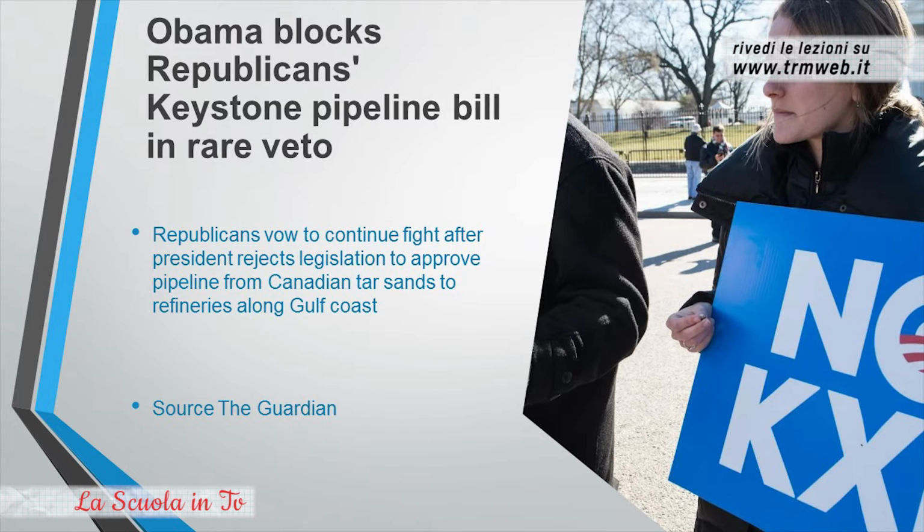The second one, instead, is taken from The Onion, a famous satirical digital media, and from the title, "Keystone Veto Buys the Environment at Least 3 or 4 More Hours," it is clear that it is a joke.